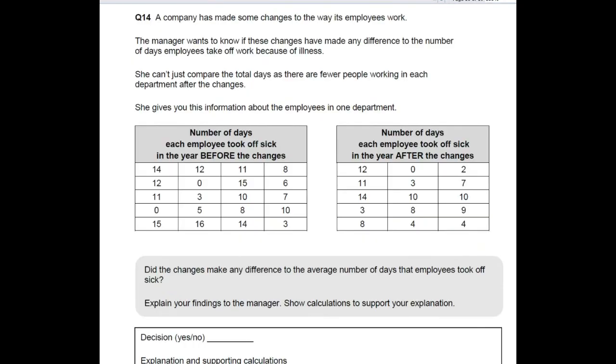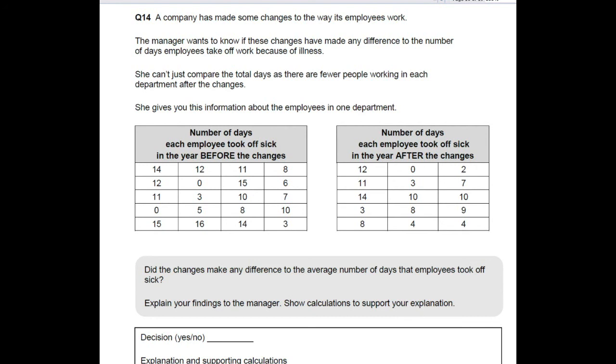Question 14. A company has made some changes to the way its employees work. The manager wants to know if these changes have made any difference to the number of days employees take off work because of illness. She can't just compare the total days, as there are fewer people working in each department after the changes.